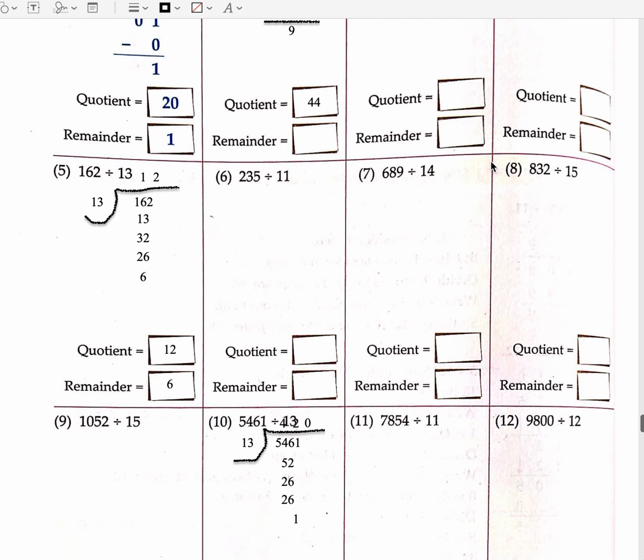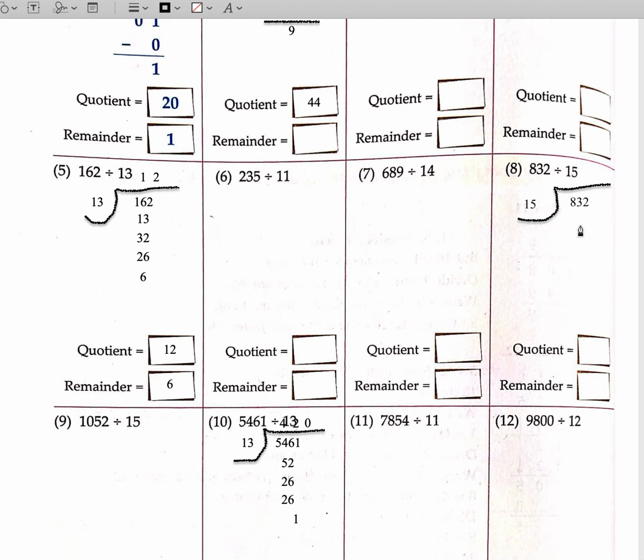Next we'll do another sum, which is 832 divided by 15. So we'll write the dividend, which is 832, and the divisor, which is 15. Now we need to simplify 832, and we'll take 832 as 83 tens. So 83 tens, and then 15, we need to say which number will come in 83.